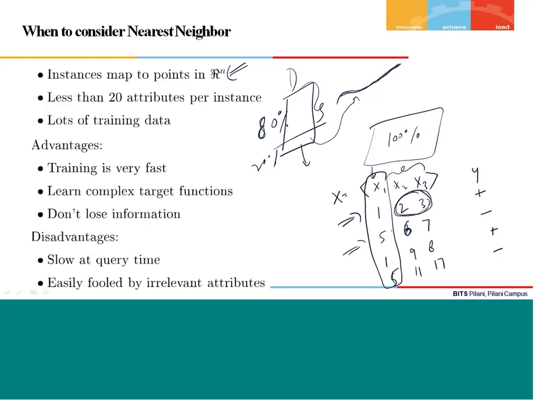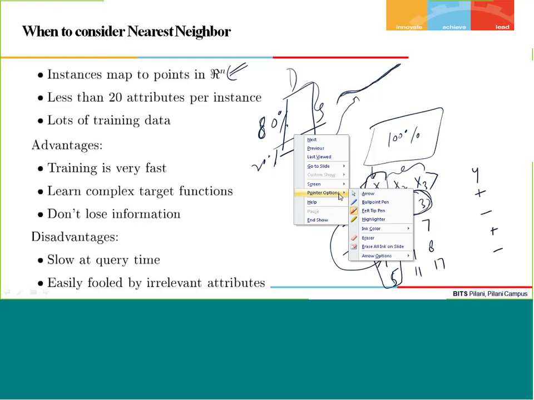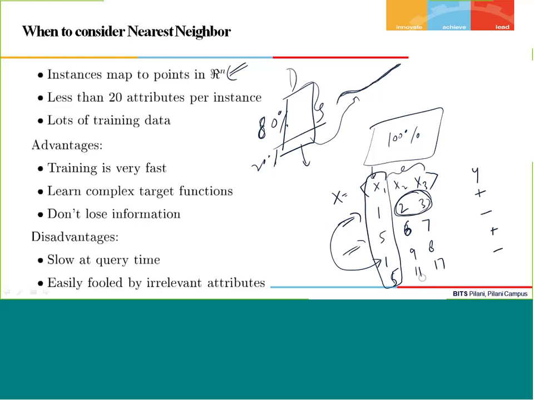For example, these two should be very near because they have equal class labels, positive and positive. So they should be very near to each other in Euclidean space.